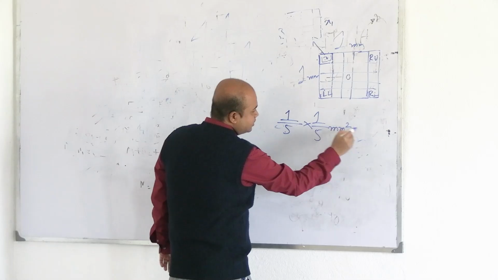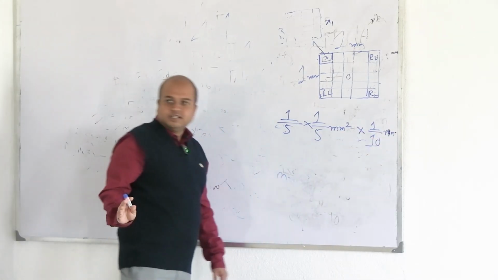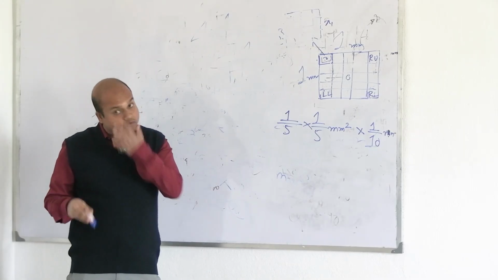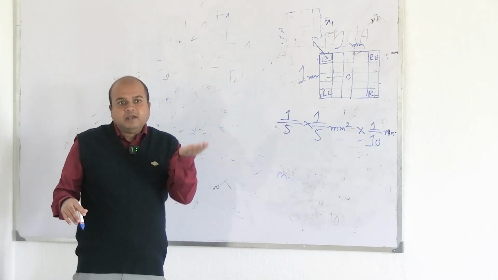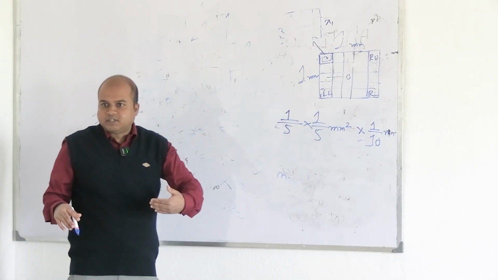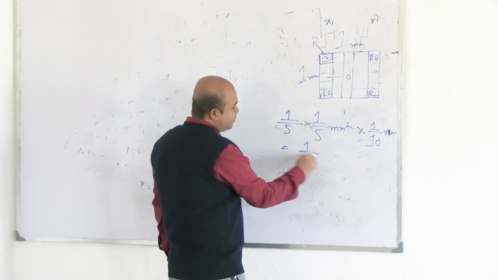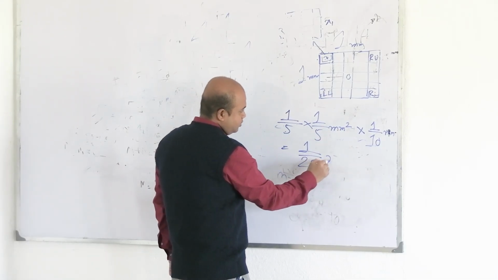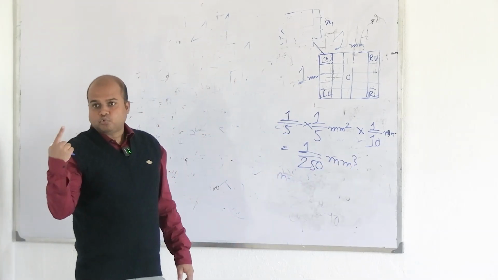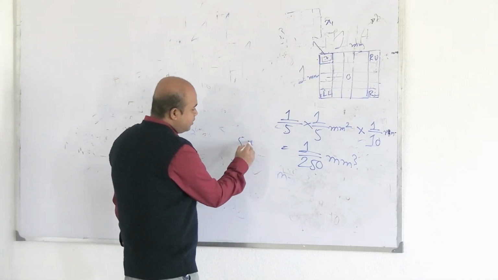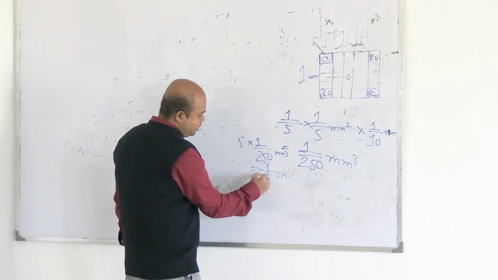So, the volume is, not strictly speaking the squares, but the volume of the blood overlying the squares, because this 1 by 10 is as if the height of the blood, that is in the space between the cover slip and the squares. So, it is 1 by 250 millimeter cube. This is the volume of the blood overlying 1 medium square. So, volume of blood overlying 5 medium squares is this one, 1 by 50 millimeter cube.